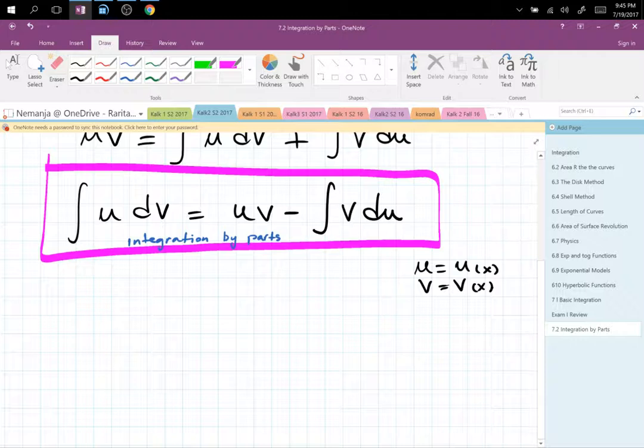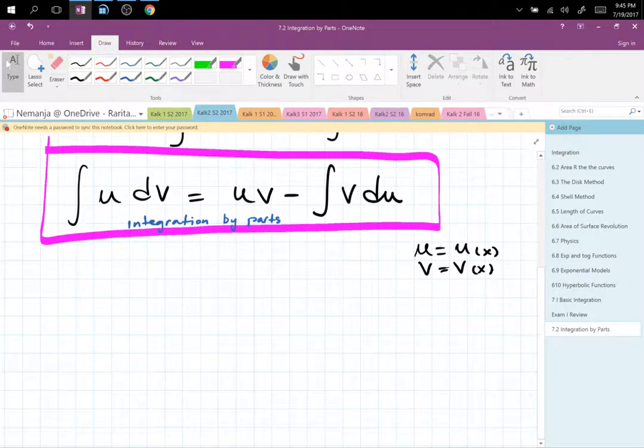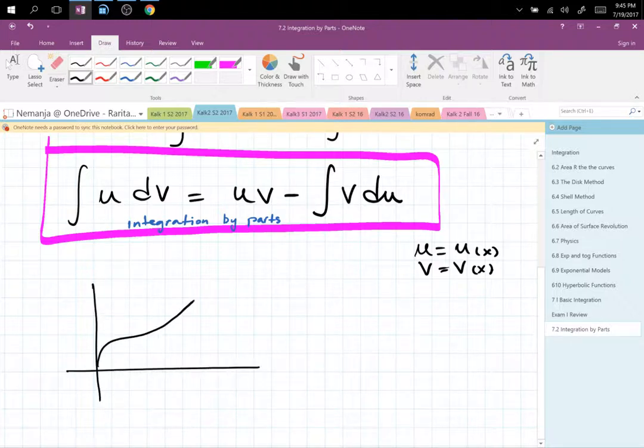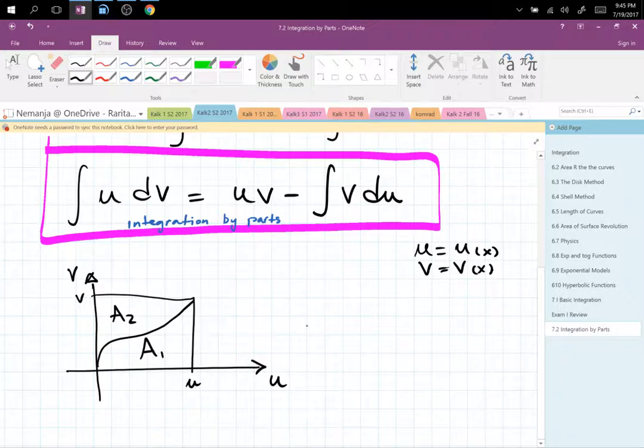So another way to understand this is to just take a look at a function like this. So you have area 1 and area 2. Also note that overall area is area 1 plus area 2.